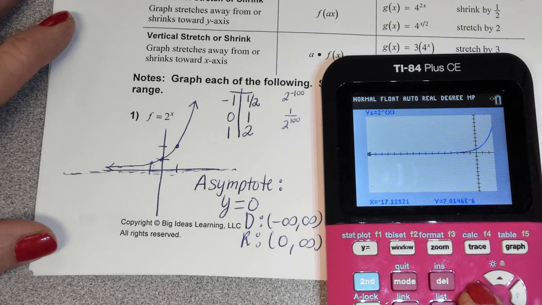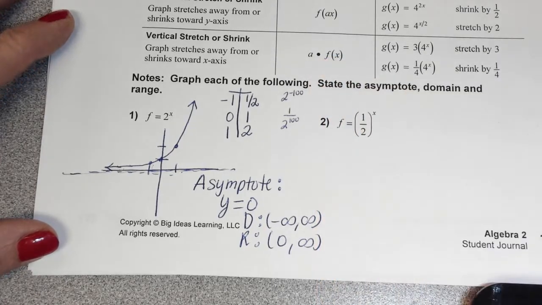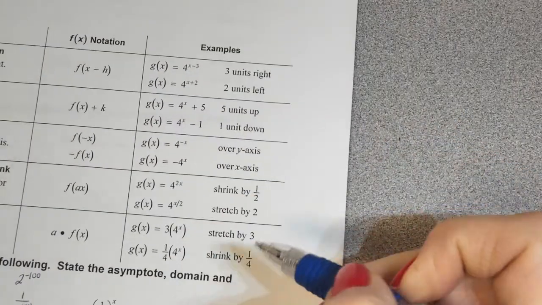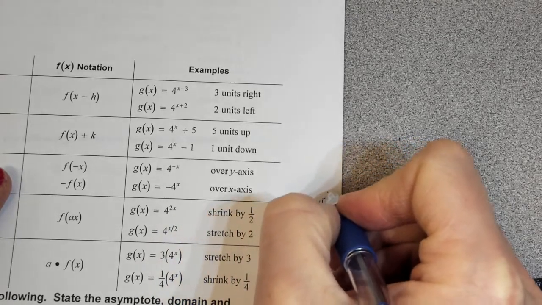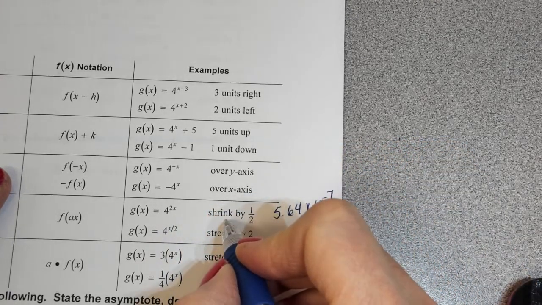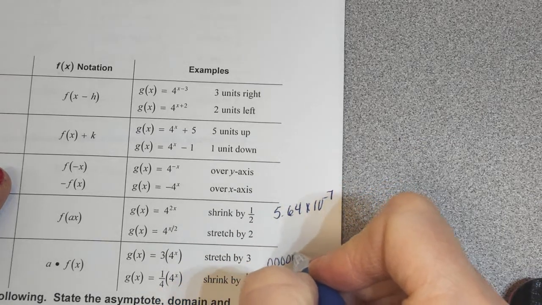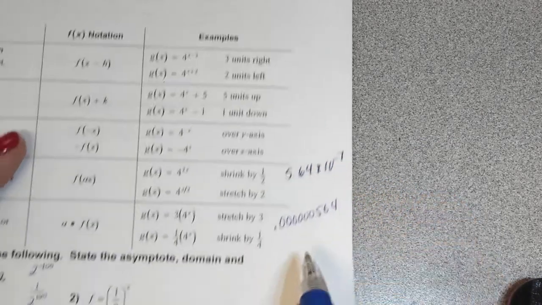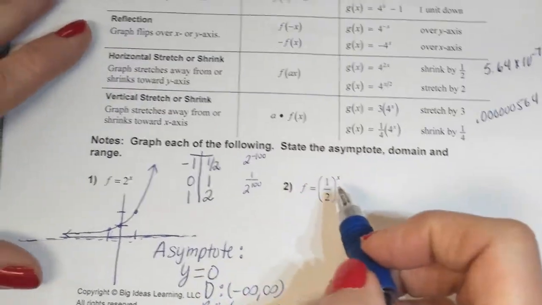But see what it's doing right now? It's using scientific notation. If I pick up my finger right now, it's at 5.64 times 10 to the -7. Well, that's just move the decimal over 7 places. So now you should see that we're never going to get into the negatives.